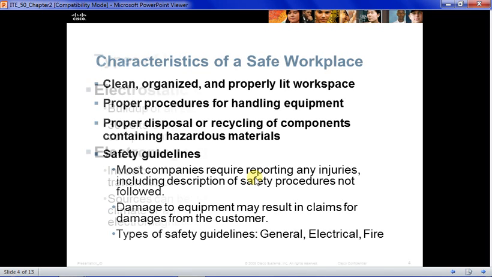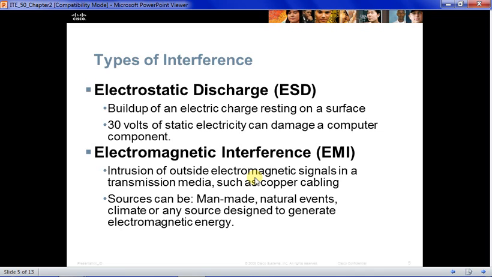So we're going to talk about some types of interference that can affect how our computers work. The first one is electrostatic discharge, ESD. And the second one is electromagnetic interference, EMI. ESD usually occurs in the winter but can happen in the summer when air conditioning is running. It's usually caused by dry, cool conditions, and it can build up, and it only takes 30 volts of static electricity to damage a computer.